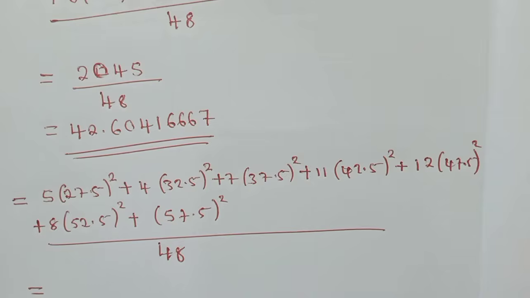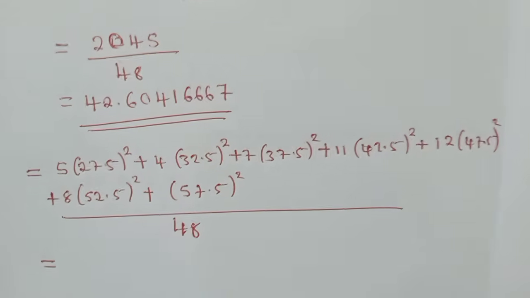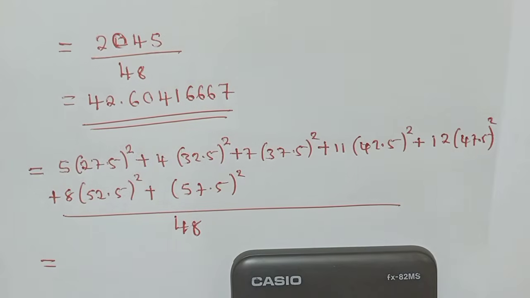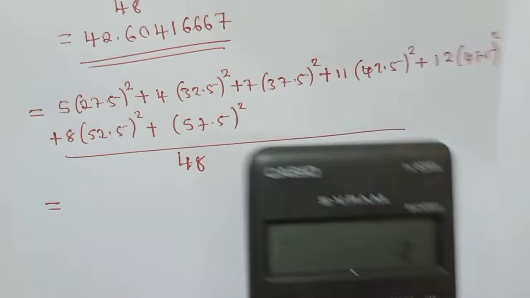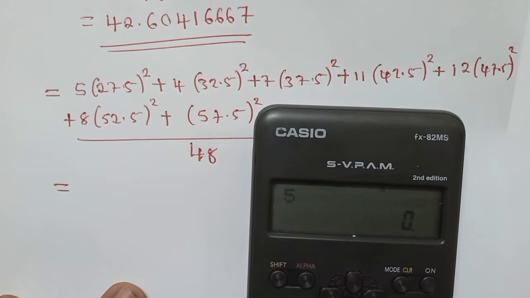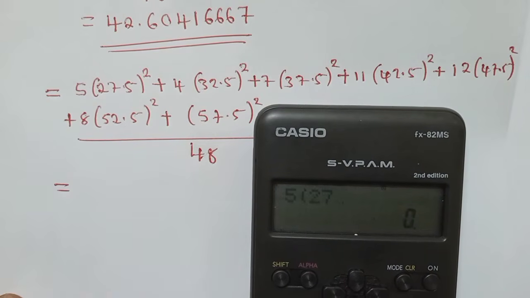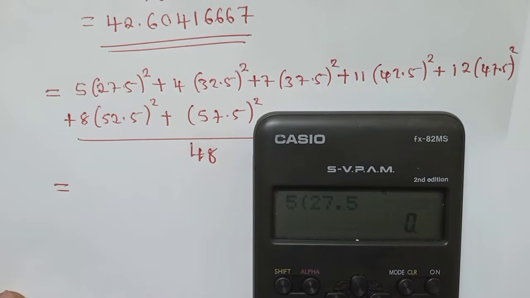So after doing this, get your calculator, start punching now. 5 open bracket 27.5, close, power 2 there, plus 4 open 32.5, just like that. So you just copy everything that you're able to see.